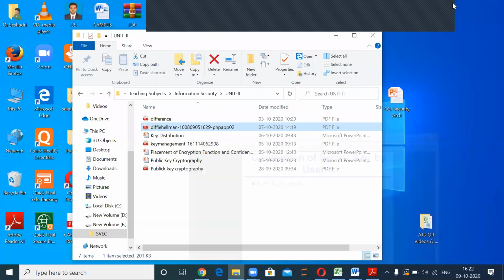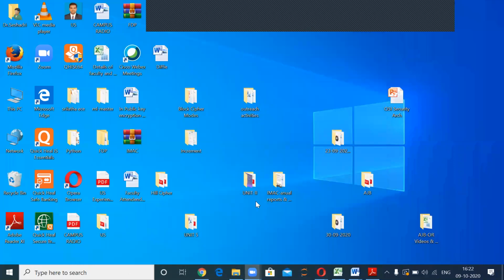Yeah, not there, this one, the RSA. Okay, this is about the RSA algorithm.